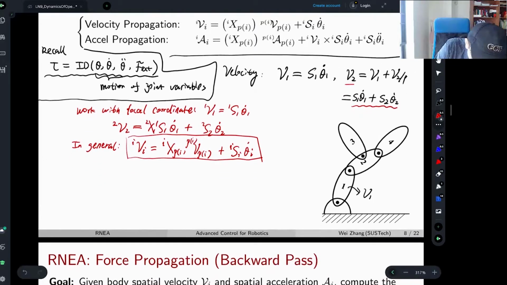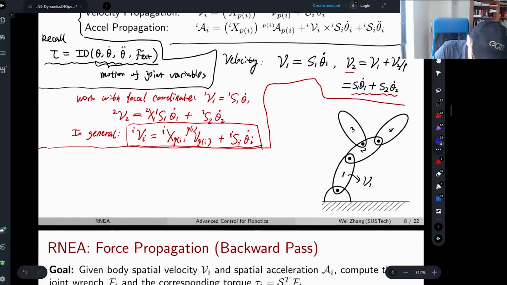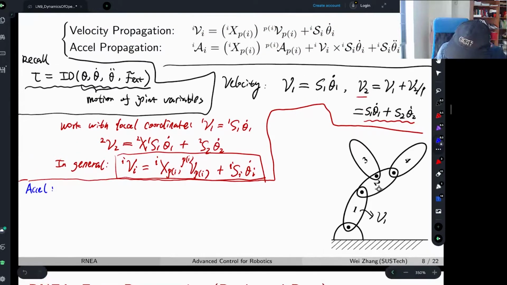Okay, but that's the velocity kinematics level. What we truly care about is really the dynamics part. For the acceleration level, let's directly work on link 2. Let's think we already have the acceleration for 1. The 2 part will be a2. Acceleration a2 is what?